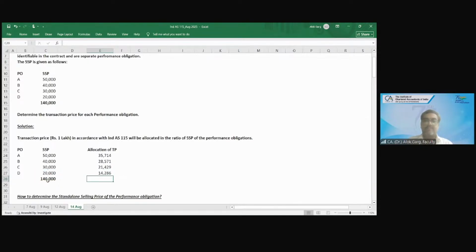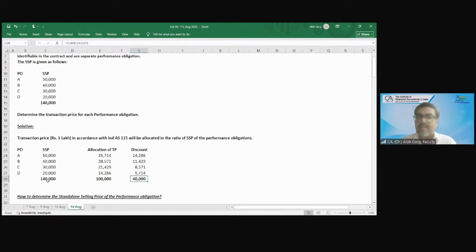This is the total 1 lakh, the allocation of the transaction price. And if I talk about the discount, in every performance obligation, how much discount am I recognizing? This is the discount I am recognizing, correct?